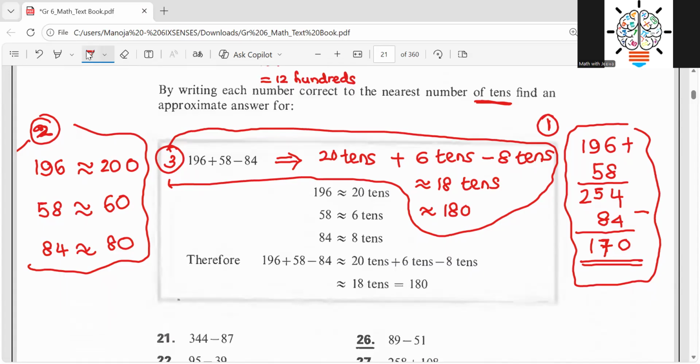Therefore, each number you convert to an approximate number of tens. 196 is 200, which means 20 tens. 58 is closer to 60, which means 6 tens. 84 is closer to 80, which means 8 tens. 20 tens and 6 tens you add, it gives me 26 tens. Then 26 tens minus 8 tens, it gives me 18 tens. So 18 tens means 180, right?